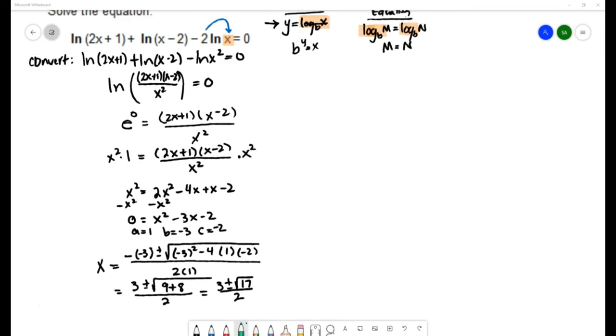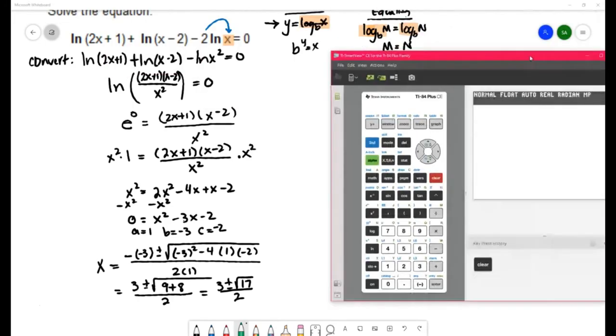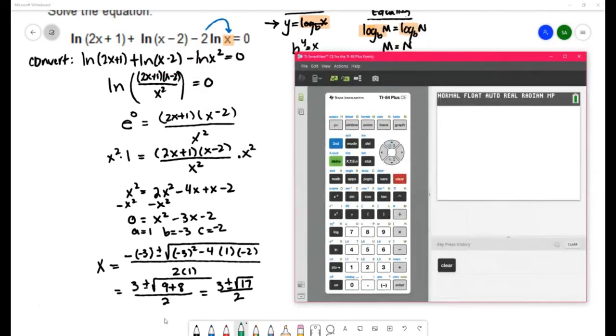All right, I got my calculator pulled up, and I want to type in my calculator 3 plus square root of 17. All right, let's try that again.